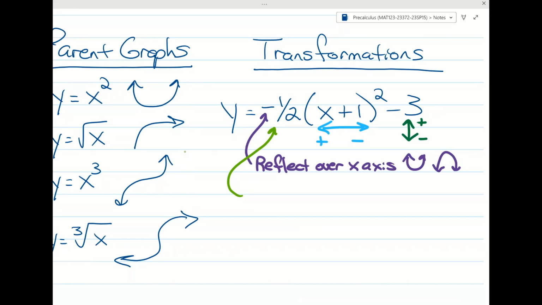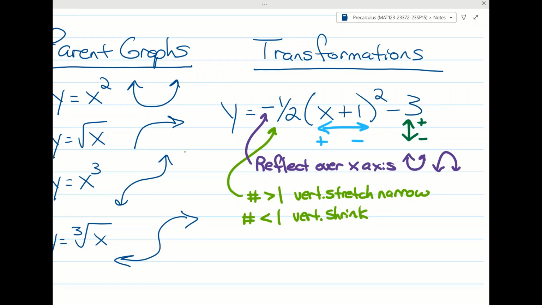If that number is bigger than 1, we call the graph a vertical stretch. And this just makes the graph narrow. If that number is less than 1, this is called a vertical shrink. And it makes the graph wide. So those are the major changes for transformations. I'll give you a second to copy that down, and then we'll go through this graph.